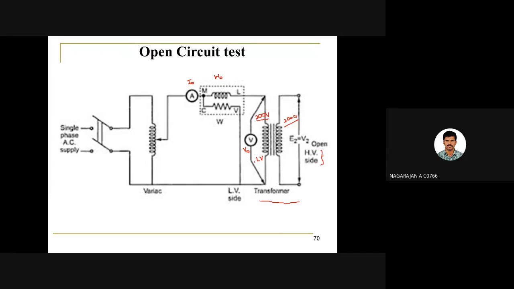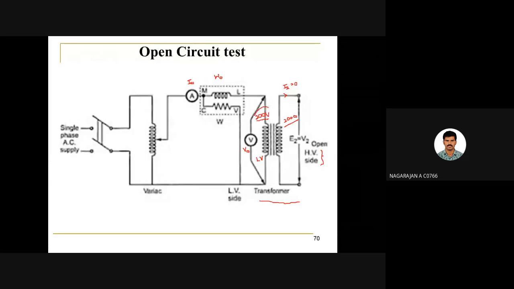We know that under no load condition, the current passing through the secondary, I2, will be 0. In this test, we are going to apply the rated voltage, which for this side is 200 volts.